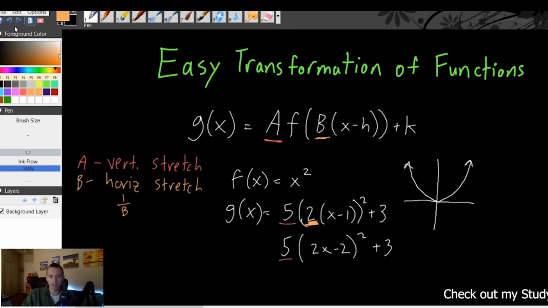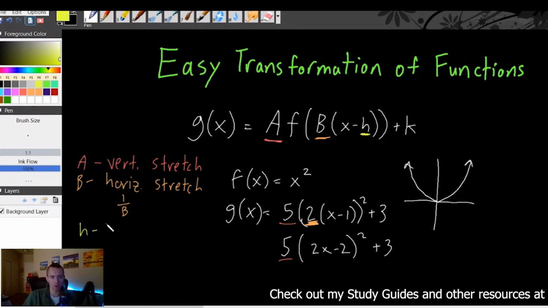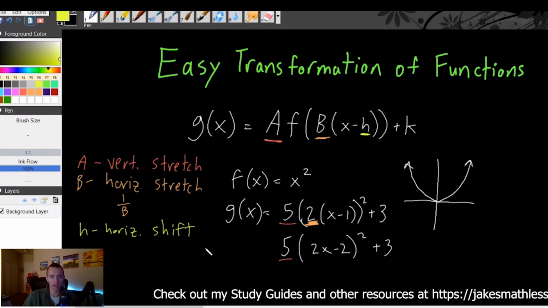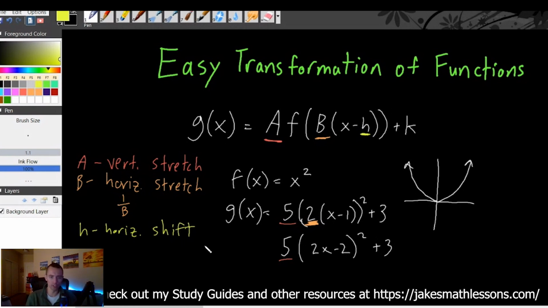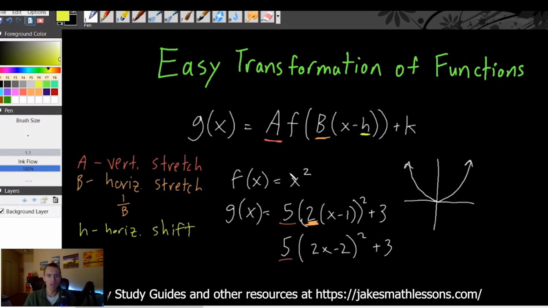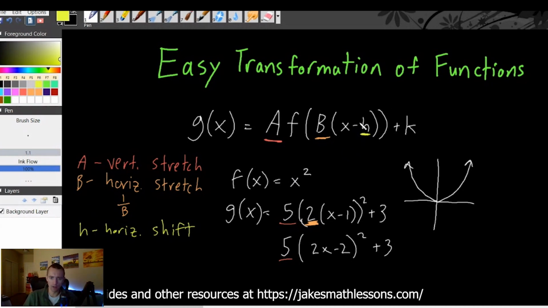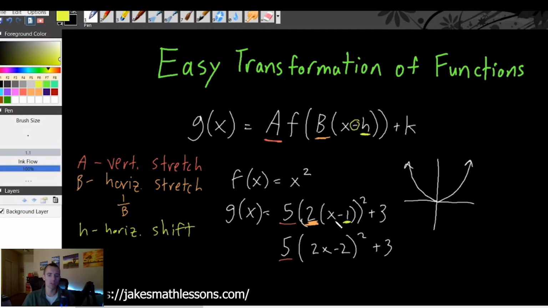Okay. The next component is h. H describes our horizontal shifting. So that tells us how many units we're going to move our function in the horizontal direction. And you want to really notice here, we have a minus sign right here. So what that means is whatever number you have here, in this case, we have x minus 1, that tells us we're actually going to move in the positive x direction, to the right.